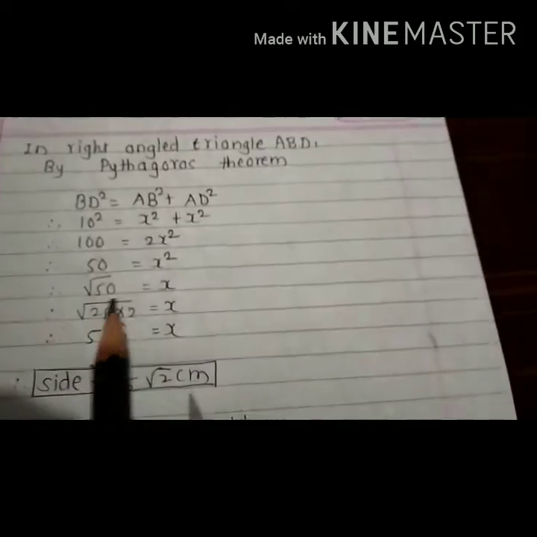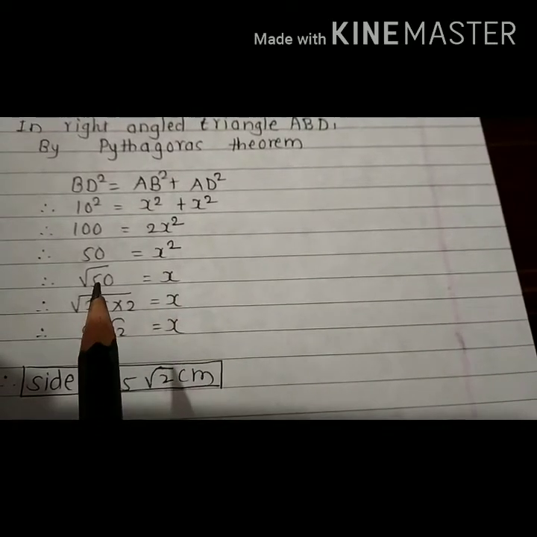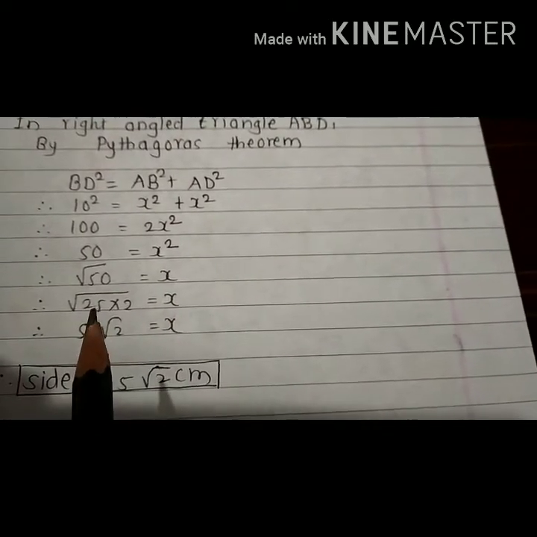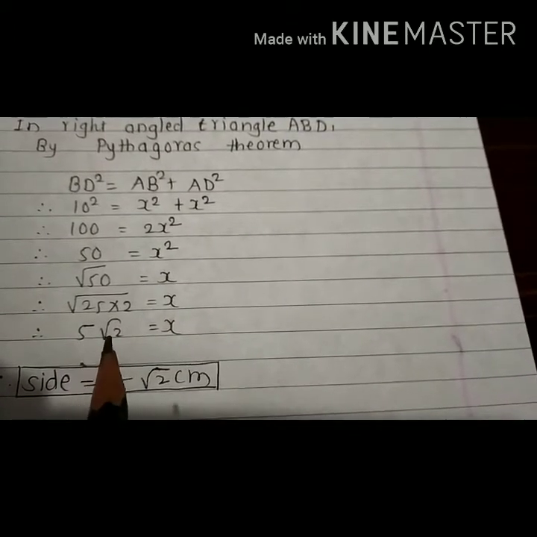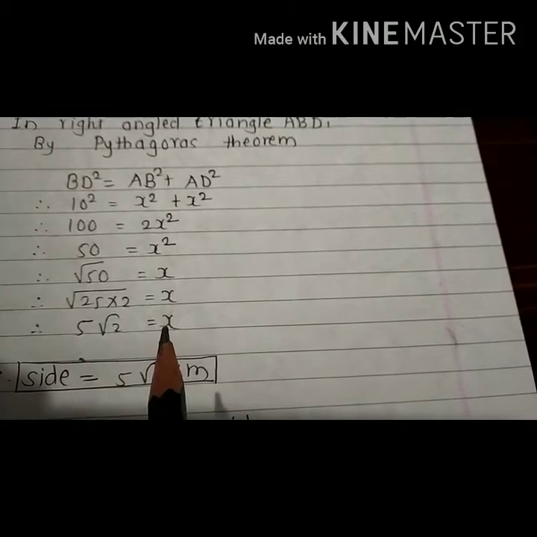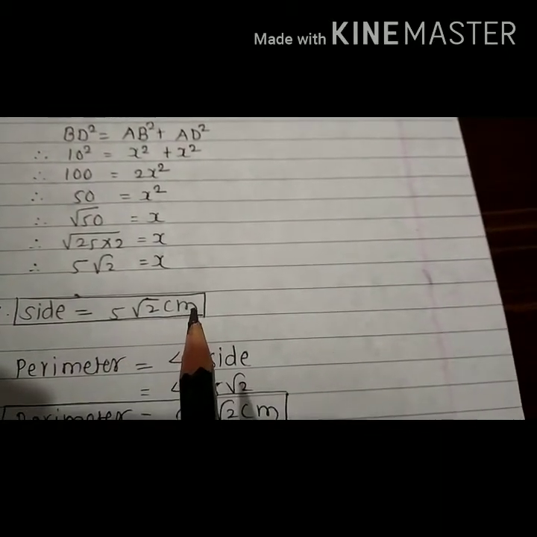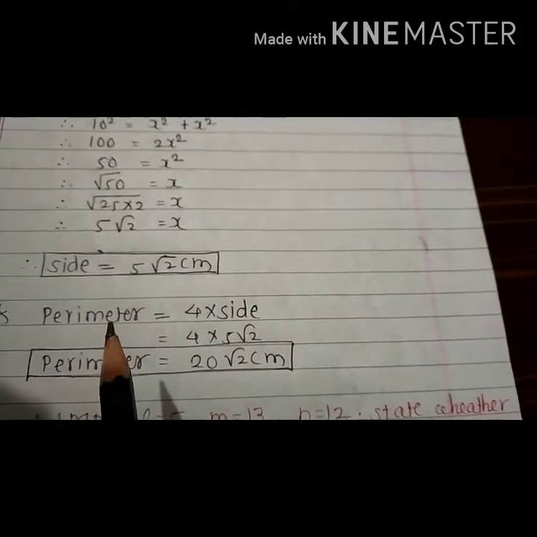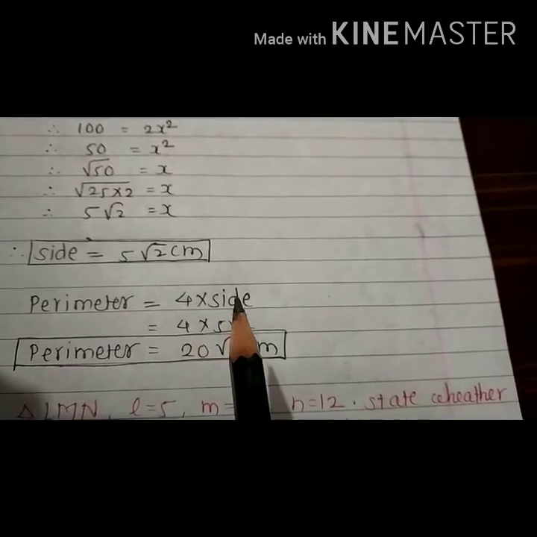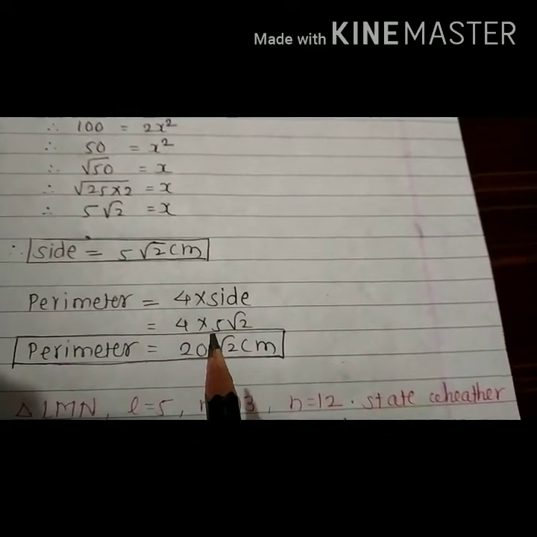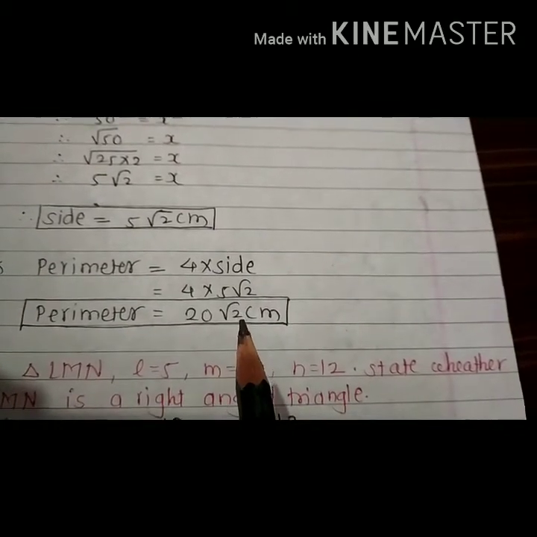Taking square root on both sides, square root of 50 is equal to X. If we split the 50 into 25 and 2, taking square root, 5 square root of 2 is equal to X. Side is equal to 5 root 2 centimeter. Similarly, we have to calculate the perimeter. Perimeter is equal to 4 into side. 4 into 5 root 2, which is equal to 20 root 2 centimeter.